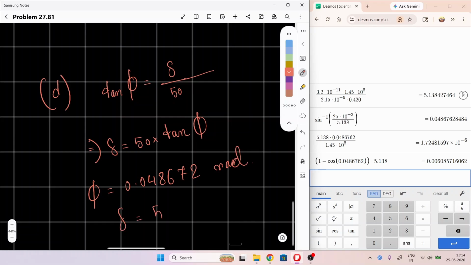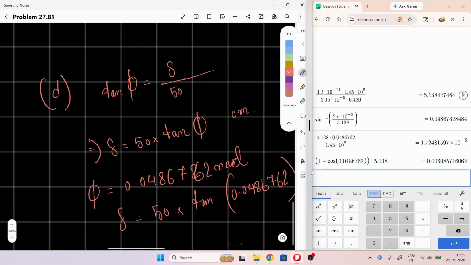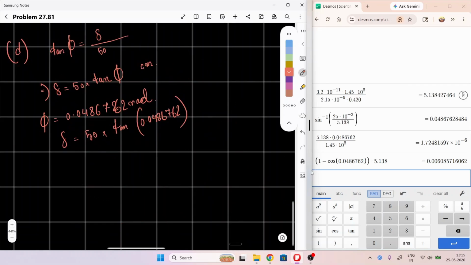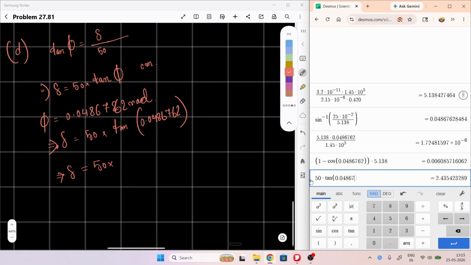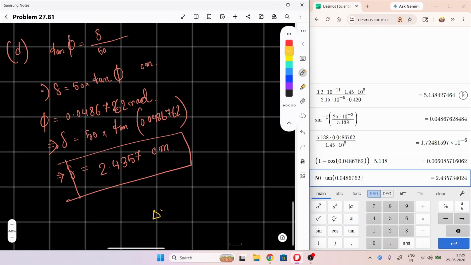So del is equal to 50 into tan 0.0486762, which is approximately 2.4357 centimeters.